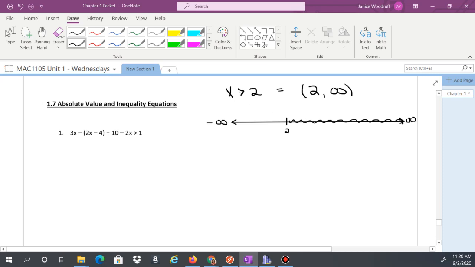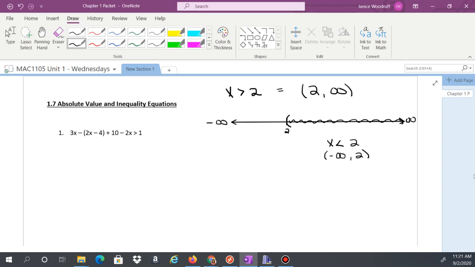A greater than symbol is going to be a parentheses. And then you do your lowest value on the left, your highest value on the right. So like if I had x is less than 2, it would go the opposite way, and it would be negative infinity to 2.